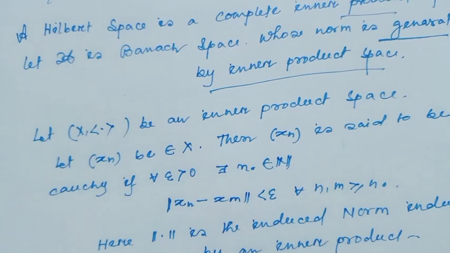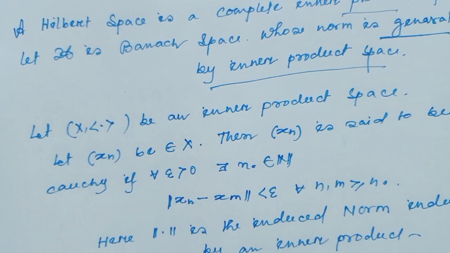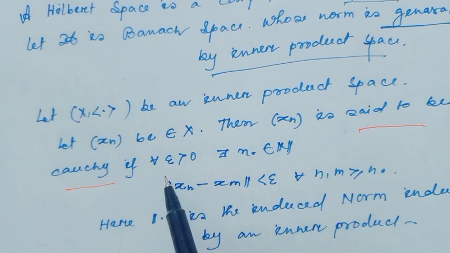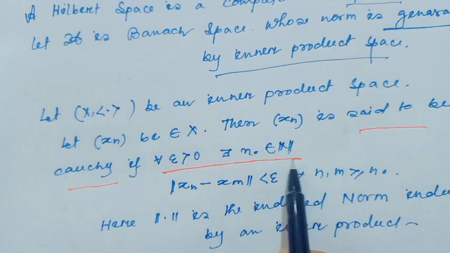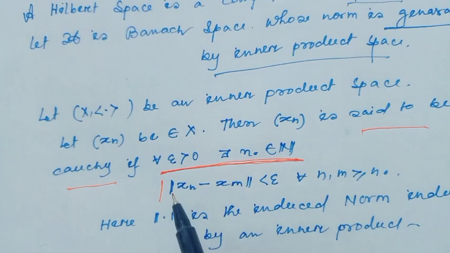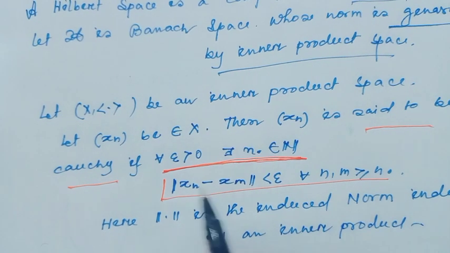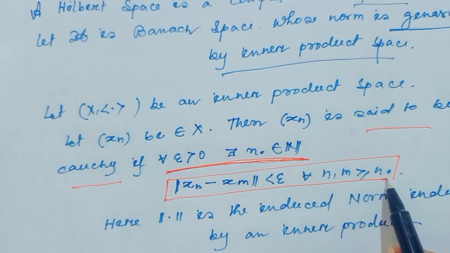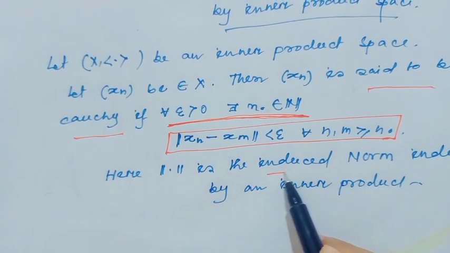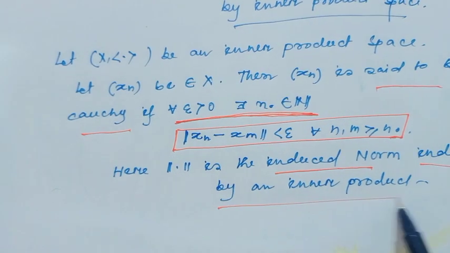Let X be an inner product space and x_n be a sequence in X. Then x_n is said to be Cauchy if for all epsilon greater than 0 there exists n naught in the natural numbers such that norm of x_n minus x_m is less than epsilon for all n, m greater than or equal to n naught. Here this norm is the induced norm, induced by an inner product.